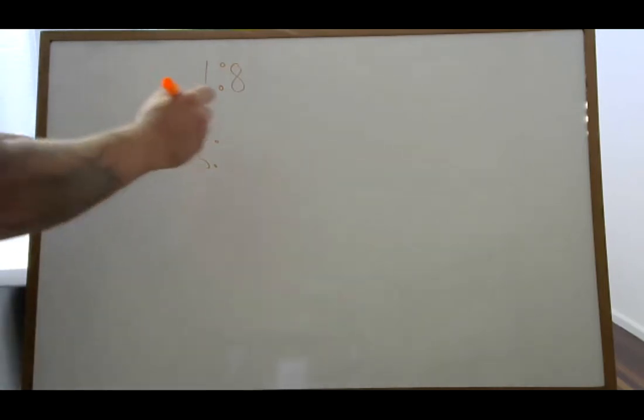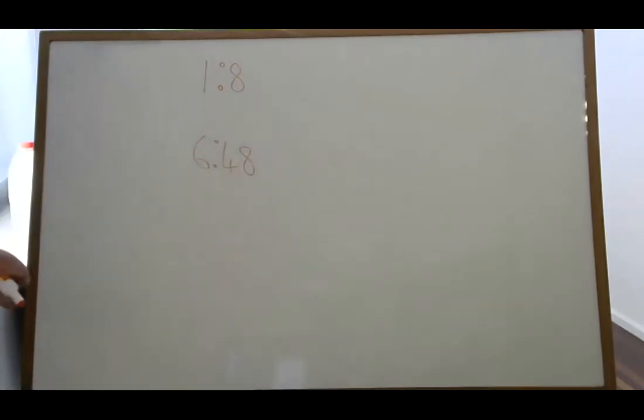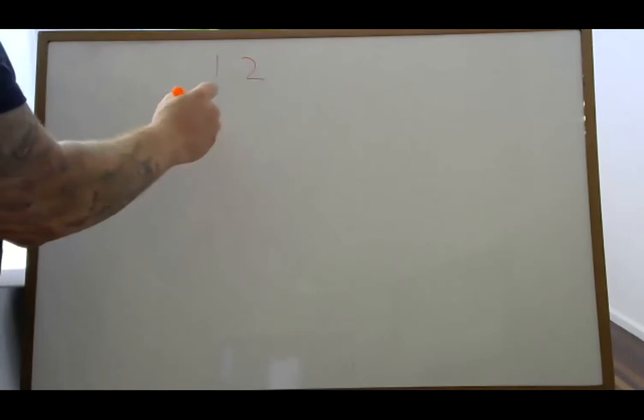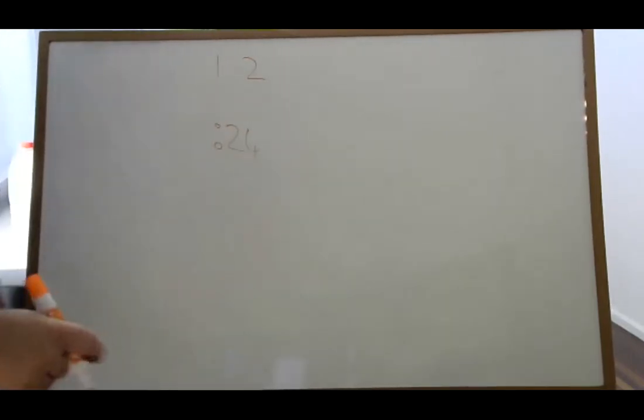Six to 48. Perfect. All right, let's make it a bit more complicated. Okay, so switch it around now. 1 to 2. What number is to 24?